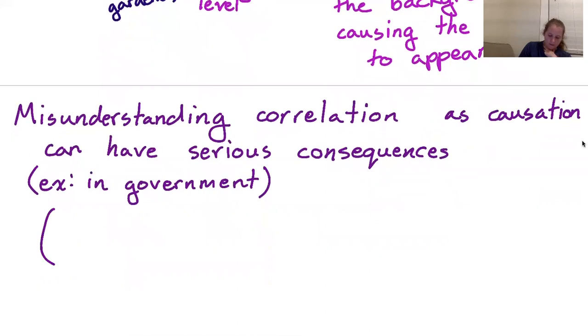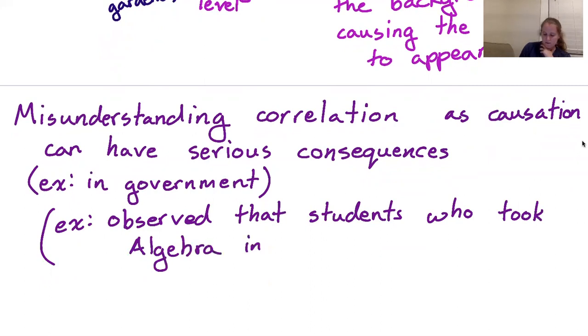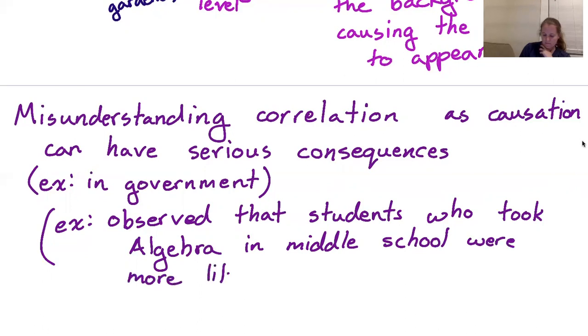So again, the example I have is that it was observed that students who took algebra in middle school were more likely to succeed in college.